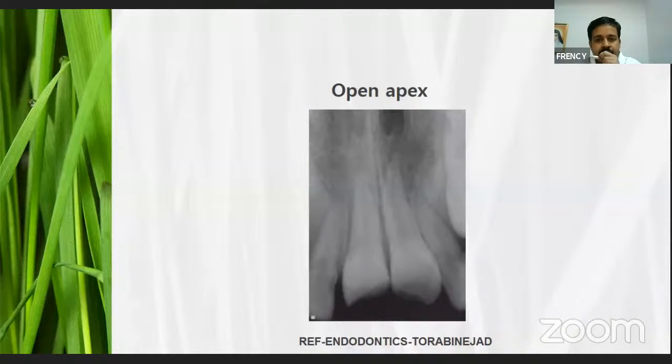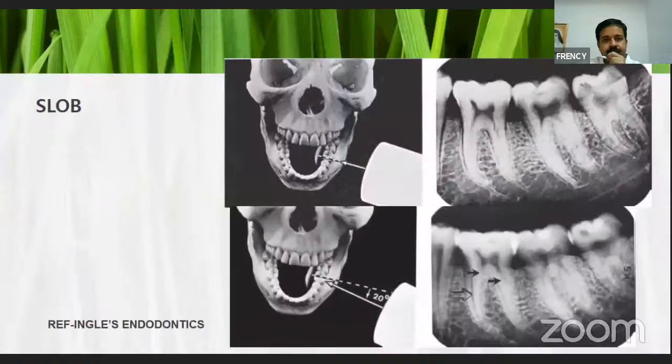The patient may come with a class 3 fracture involving the pulp. If they come directly to your clinic, don't start root canal treatment. If the root formation is not complete, you have to go for vital pulp therapy, like pulpotomy, so that you will get a root closure. So do not jump into the root canal when you are seeing a young patient or open apex cases.